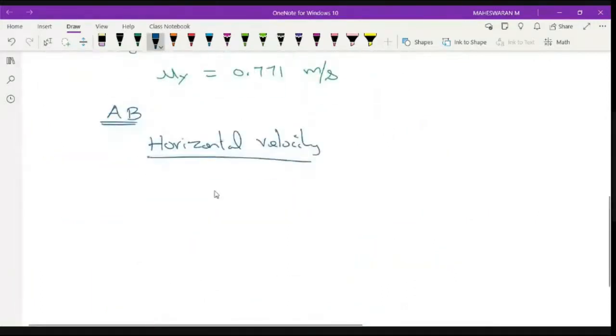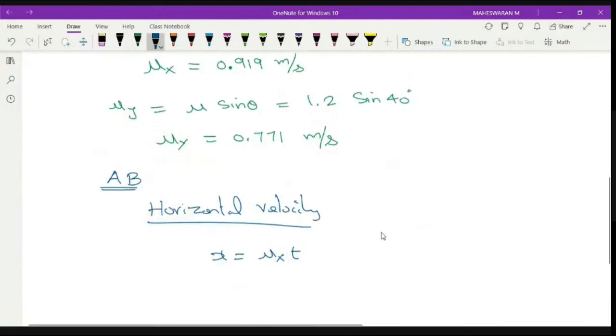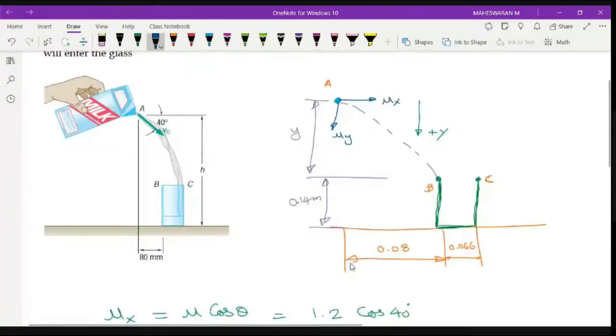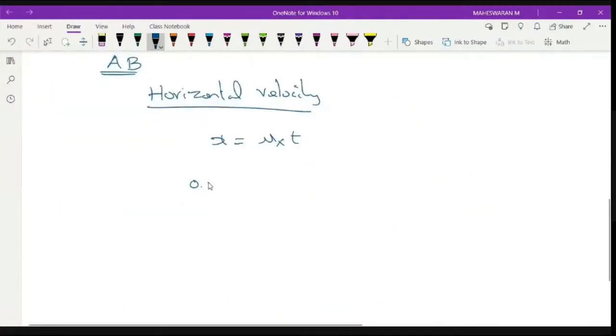You know that the last term is x is equal to ux into t. Of A is 0, so you will get only this term. If I consider the x value, it is 0.08. There are no other values related to that. So 0.08 is equal to ux into t.